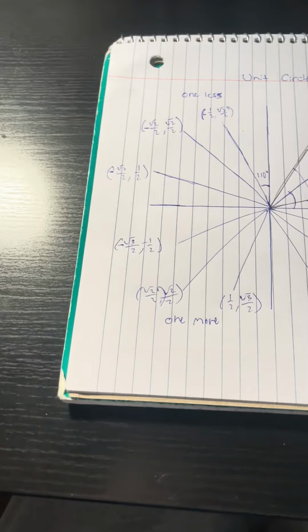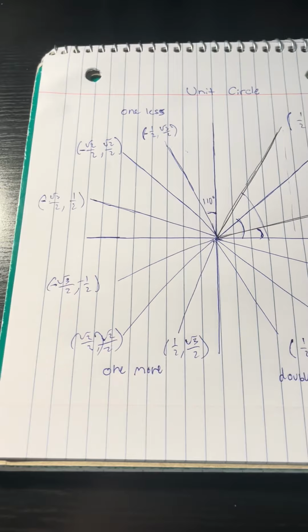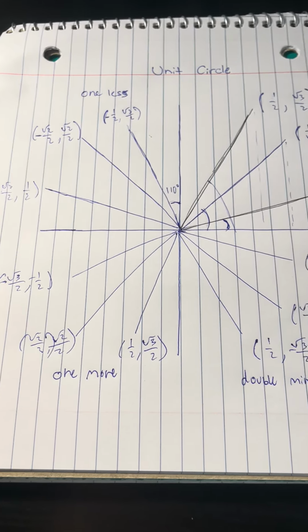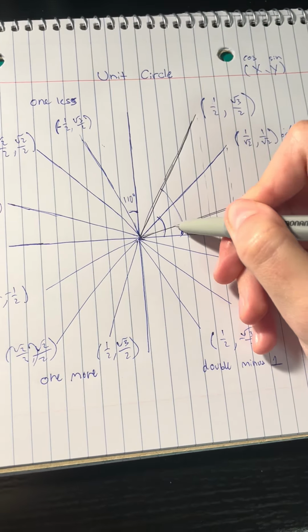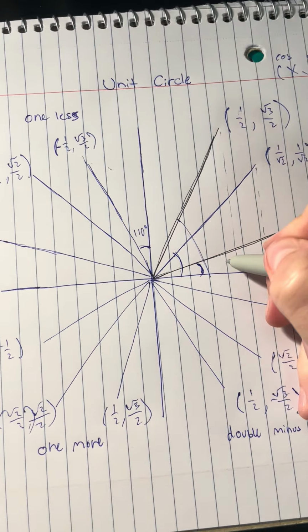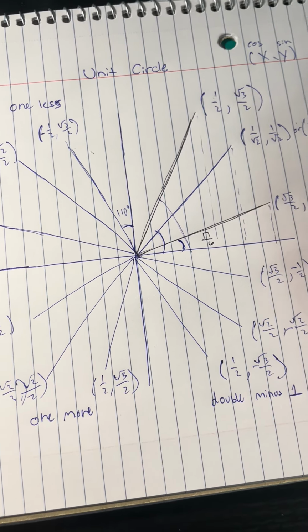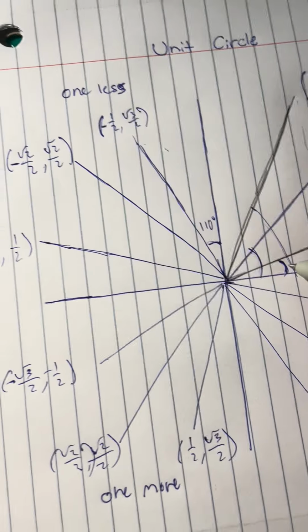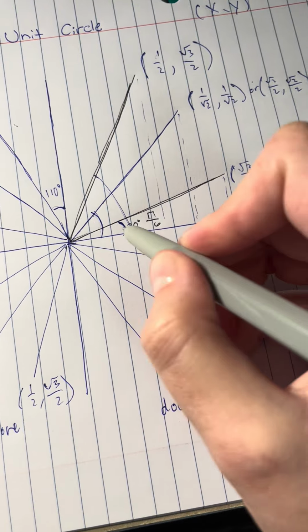Now, once we get to the radians in the unit circle, this first 30 degrees is going to be pi over 6. The way I remember that is that a 3 always goes with the 6, and 6 always goes with the 3.